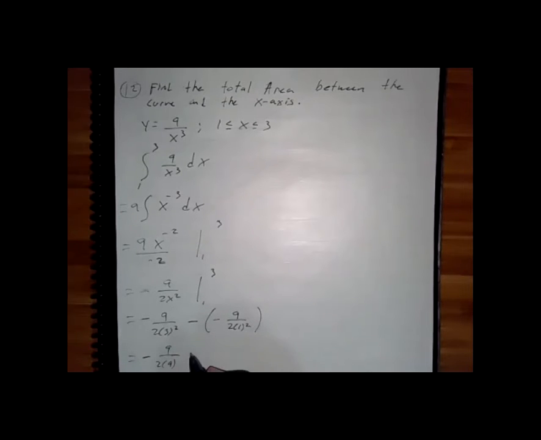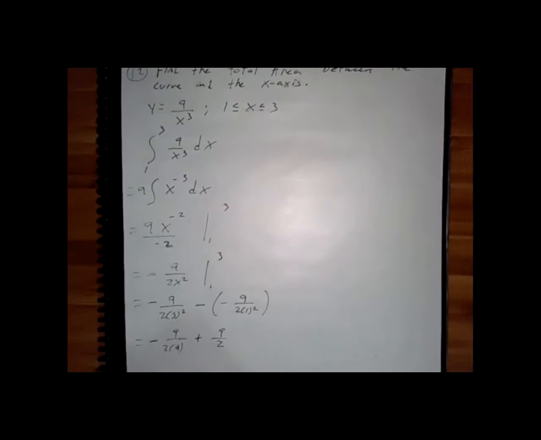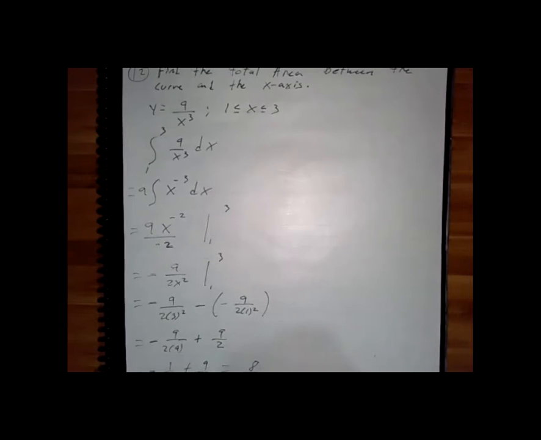Minus minus, that'll be plus 9 over 2, right? 3 squared is 9. These 9s will cancel, leaving me with a negative half plus 9 halves, which is 8 halves, which is 4.